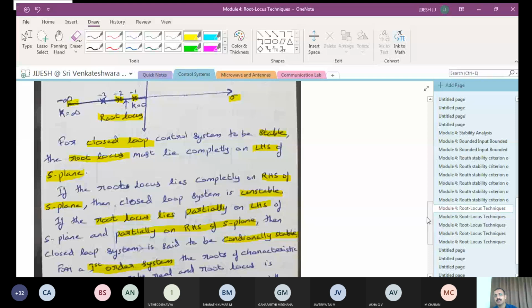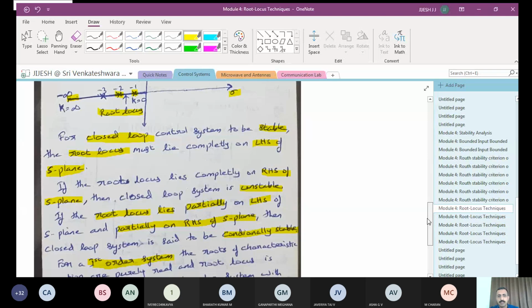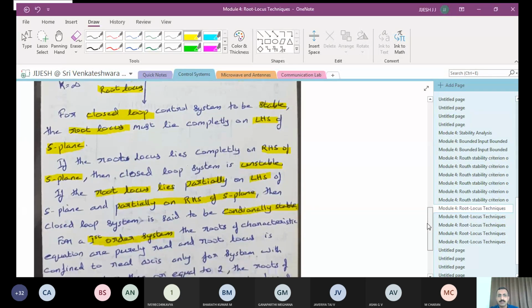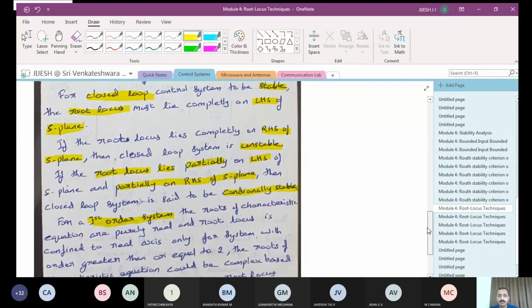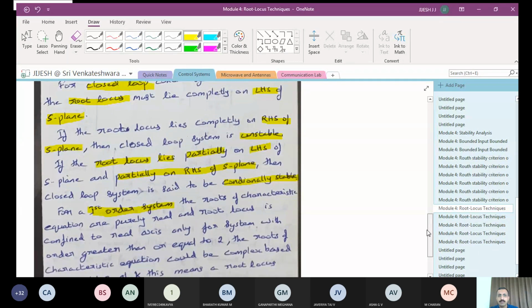So the plot is done on the S plane, that is j omega axis as y and sigma as x, and for different values of k you got different values of s, and it is plotted. You have joined those points with a smooth curve. So that part is done. You have understood when the system will be stable, unstable, and conditionally stable.